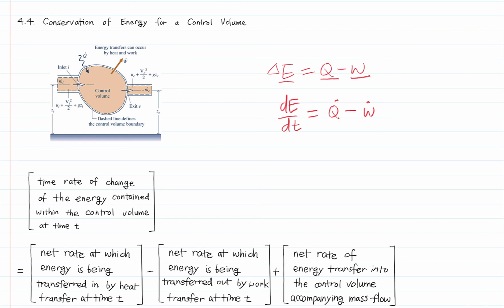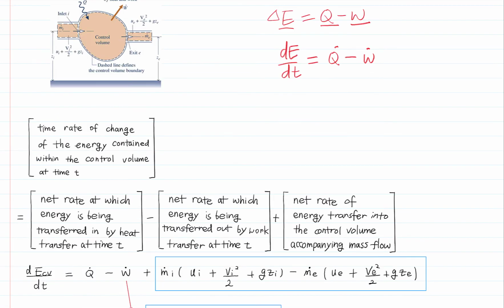If there is mass transfer across the system boundary, the first law of thermodynamics will have additional terms. In open systems, mass flows across the system boundaries. This is the physical meaning of the energy balance for an open system, and these are the additional terms related to the mass transfer.